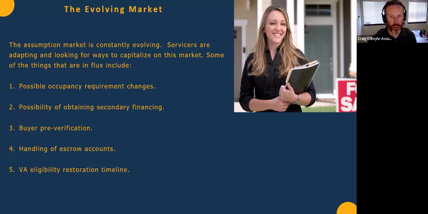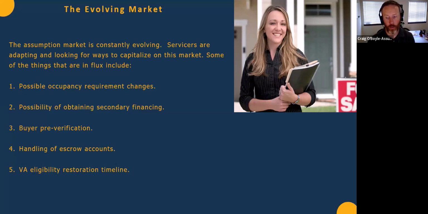In an assumption, the servicing lender has 45 days to notify VA that the entitlement has been swapped, and VA has another 30 days to reinstate it for that seller to become a buyer. So that's potentially 75 days before you can go from selling your home to buying with a new VA loan on an entitlement swap. This needs to get better.